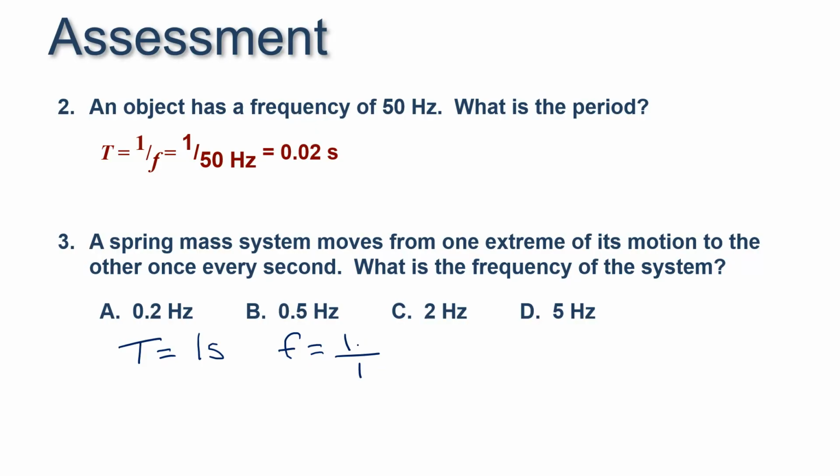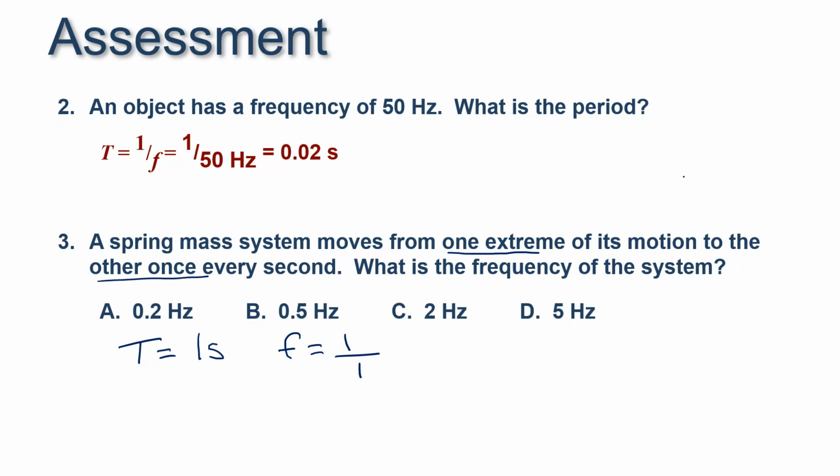Wait. One extreme of its motion to the other. Oh, this is a little tricky. So it says that a spring mass moves from one extreme of its motion to the other once every second.